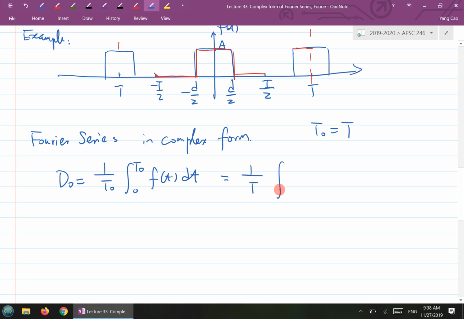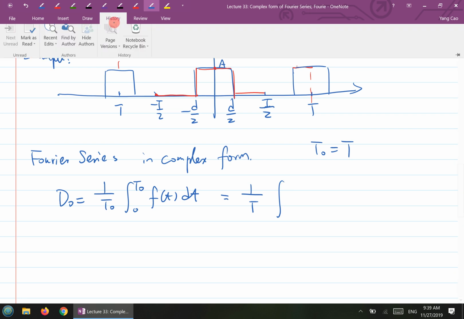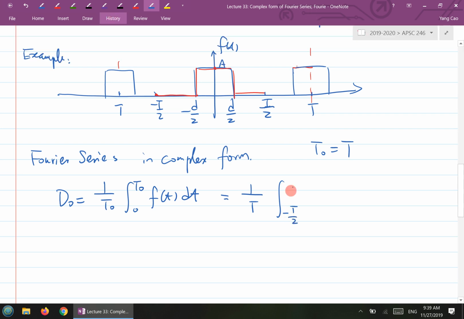Now the integration here: even though the formula is from 0 to t naught, which is t here, you could actually integrate any interval as long as the interval is a period, t naught, or t in this case. So I will choose to integrate from here to here instead of from here to here. It's basically the same thing.